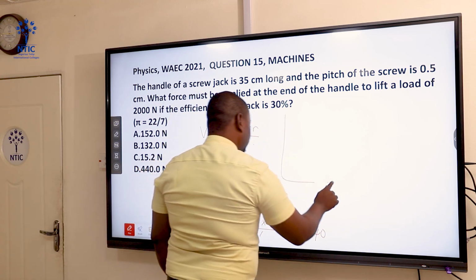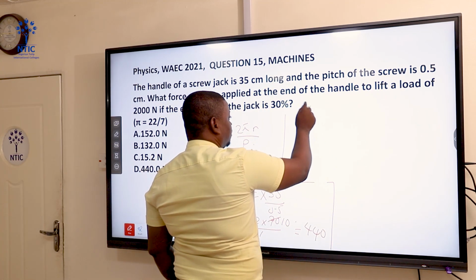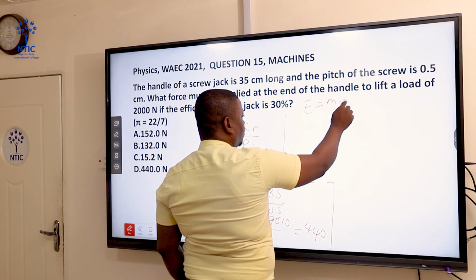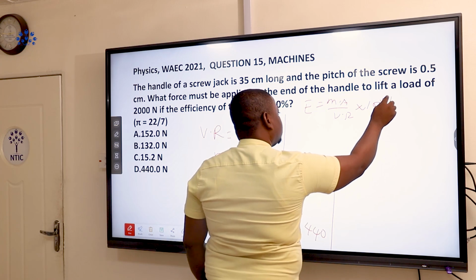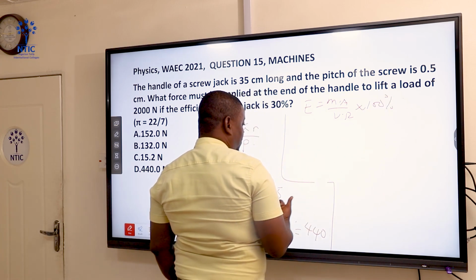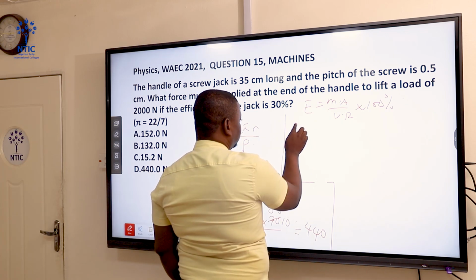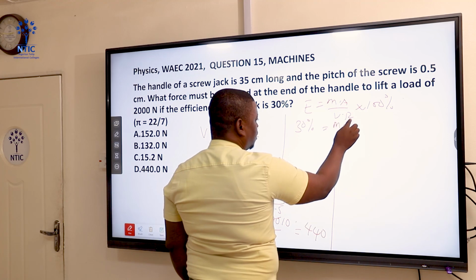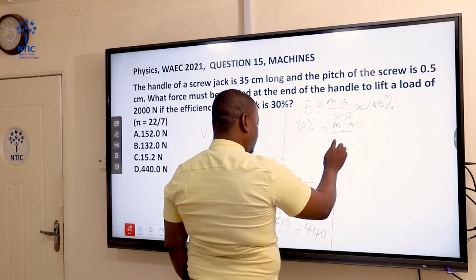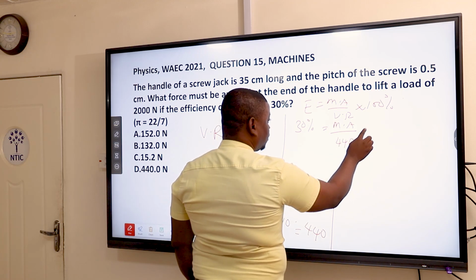Now, if my VR is 440, I know that from machines, the efficiency of a machine is given as MA over VR times 100%. So I'm going to get my mechanical advantage. My efficiency is 30%, equals my MA over VR, which is 440, times 100.